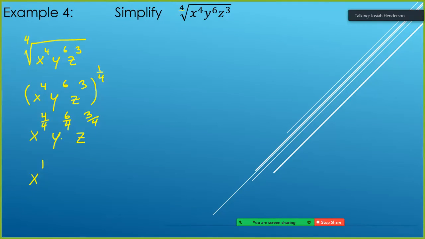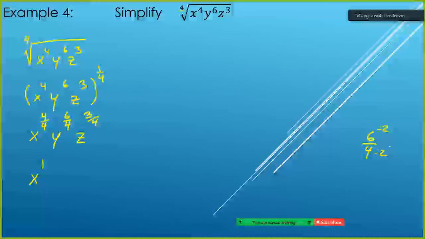What about y to the 6 over 4? Now, let's do this. I can't divide 6 over 4 and get a nice clean answer, but it can be reduced. So off to the side here, 6 over 4, if I reduced it by dividing top and bottom by 2, that's 3 over 2.